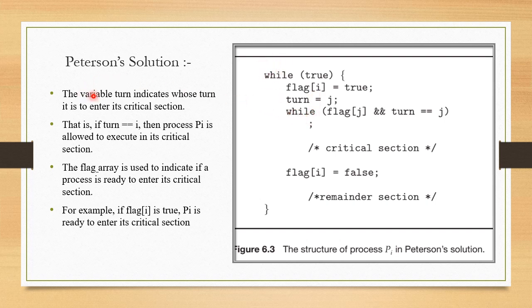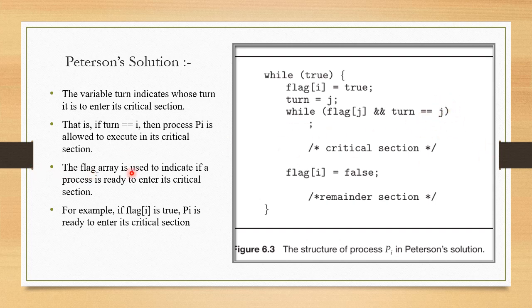Now, the variable turn indicates whose turn it is to enter its critical section. For example, if turn equals i, then process Pi is allowed to execute in its critical section. Here what we can see is turn equals j. That means process Pj is allowed to execute its critical section.